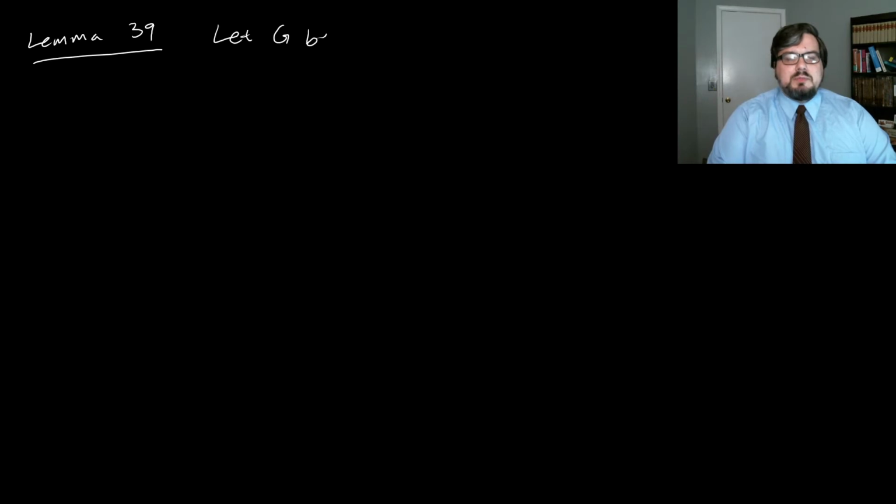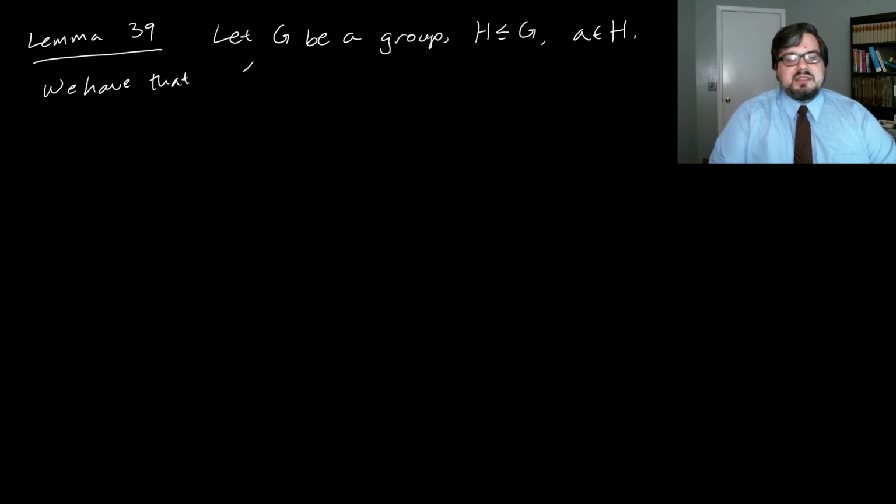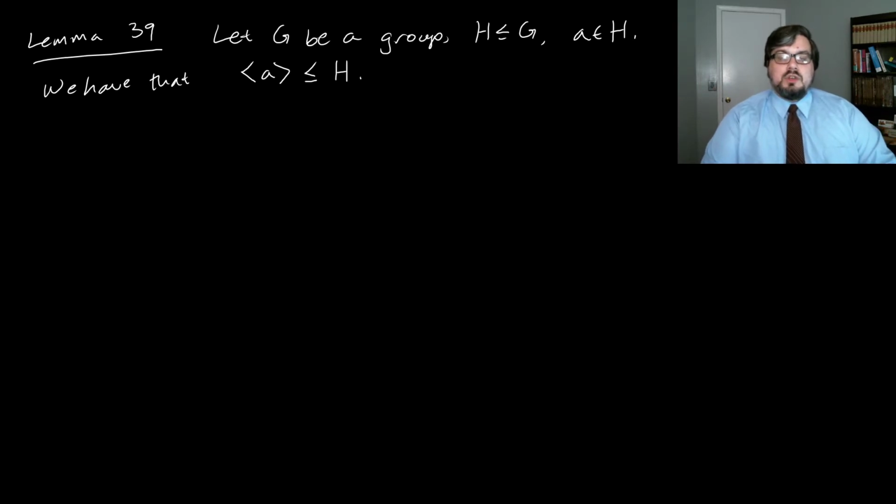So let's let G be a group, any group now, H a subgroup of G, again, any subgroup at all, and let's let a be an element of H. In this case, we have that the cyclic subgroup generated by a is a subgroup of H. So this shows that if a subgroup contains an element, then it contains the cyclic subgroup generated by that element.